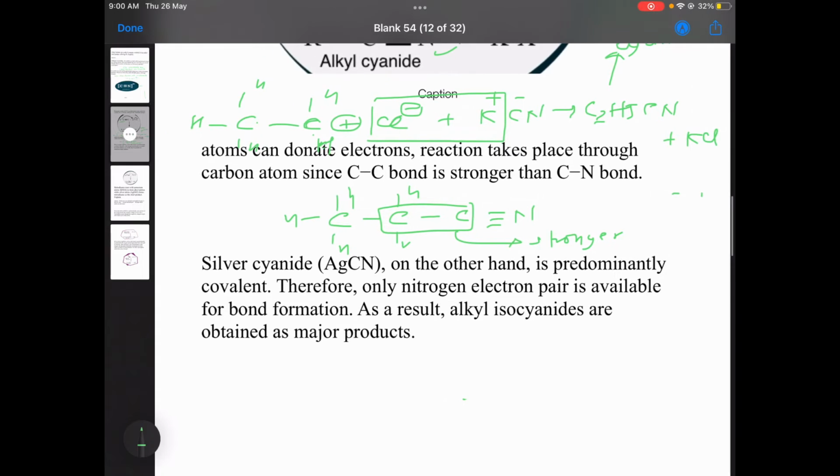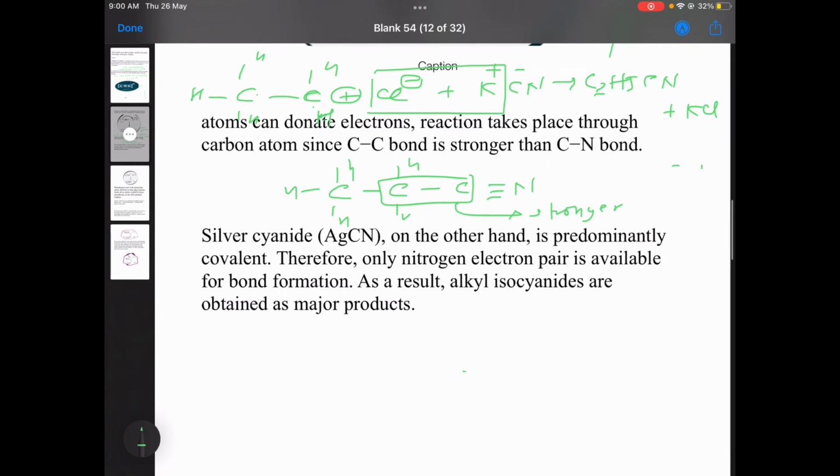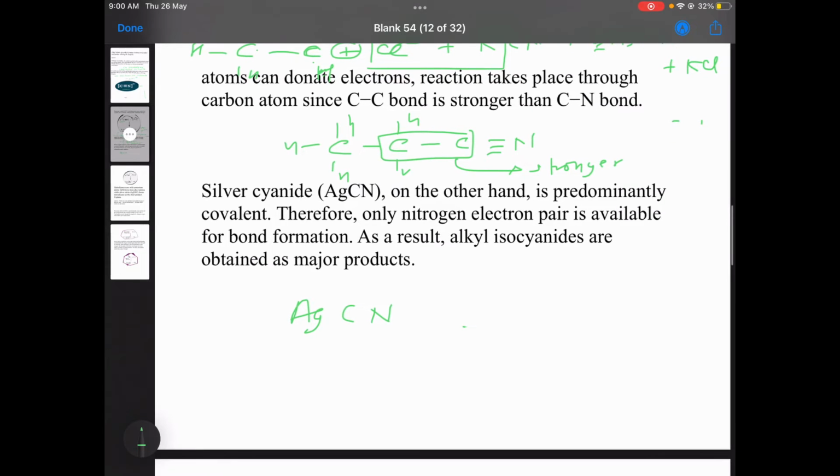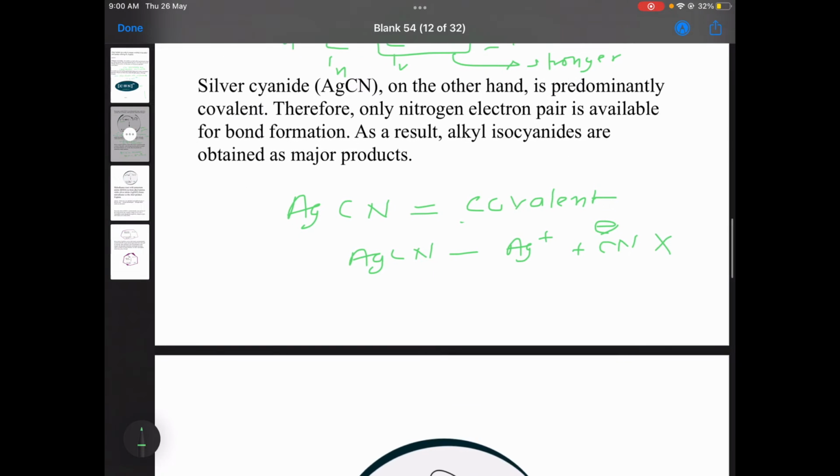But this concept is not applicable with silver cyanide. It is seen that silver cyanide is a highly covalent compound. So AgCN cannot be segregated into Ag+ and CN-. It is impossible, because it is a covalent compound.